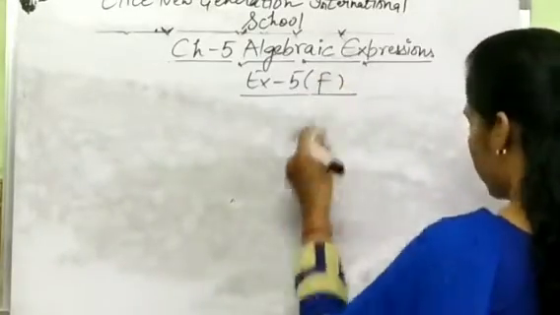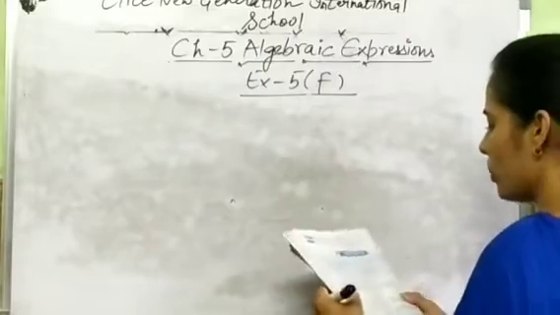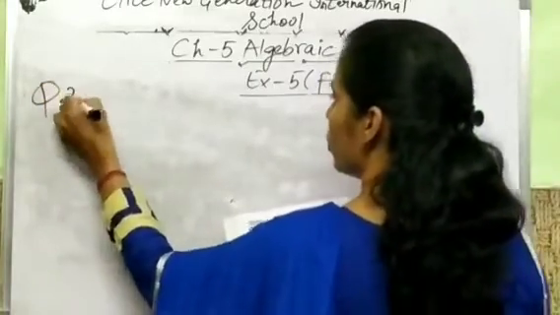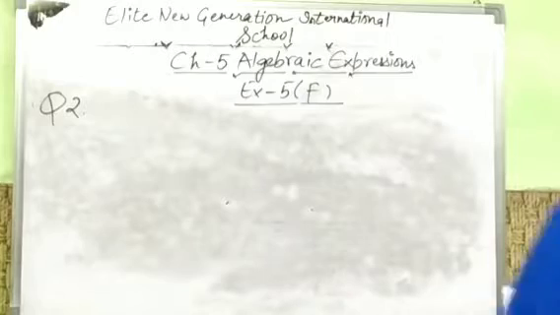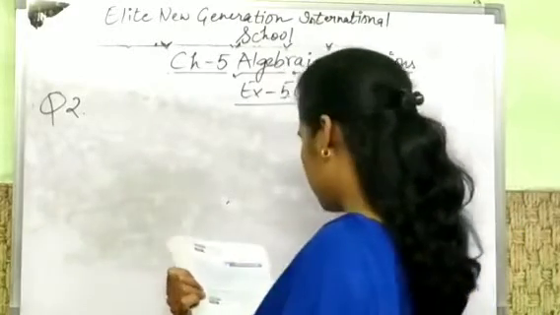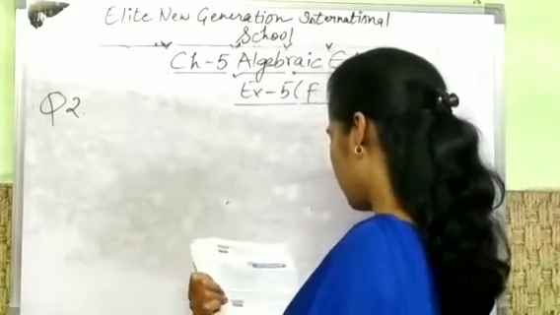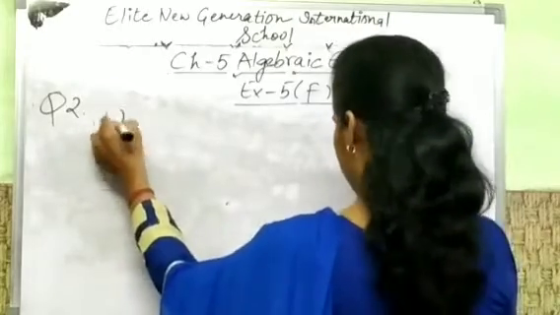So this is 5F. Let's take one question from question number 2, and let's take here part B.